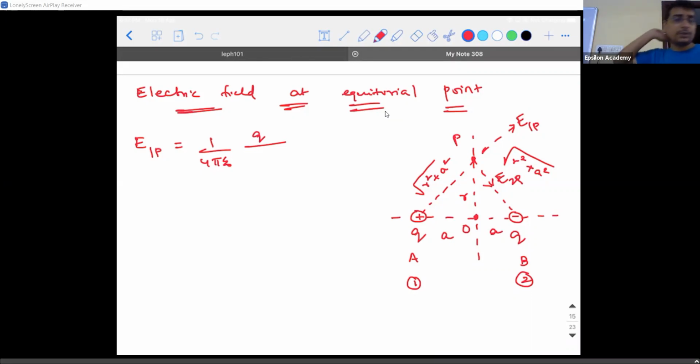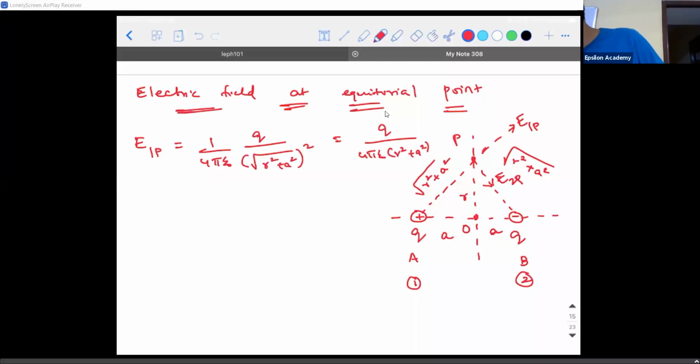It is 1 divided by 4 pi epsilon naught into q divided by distance square. What is the distance? It is square root of r square plus a square, the whole square. It is going to be q divided by 4 pi epsilon naught into r square plus a square. What is the electric field due to the second charge at point P?